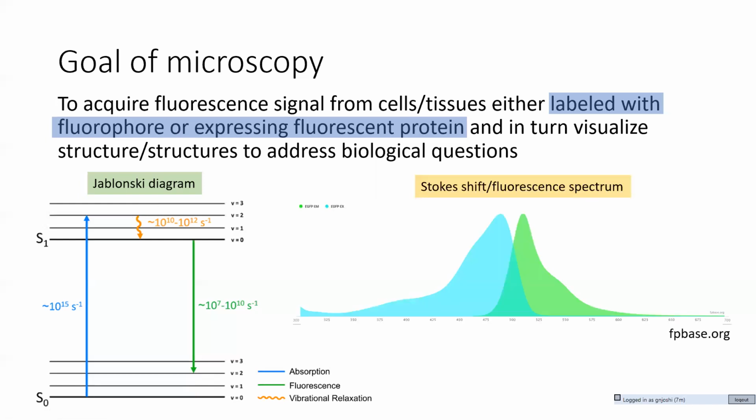When we think in terms of any kind of fluorophore, it has a broad spectrum. It's not as simple as 488 nanometer and 520 nanometer. Though we say that's the peak excitation and the peak emission, they have broad spectra, and that is something which is on a Stokes shift, and these spectra can be looked at on a browser like fpbase.org.